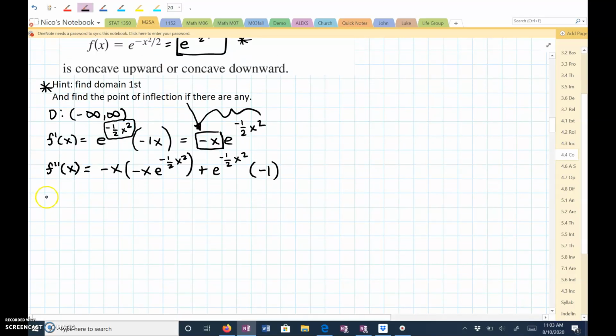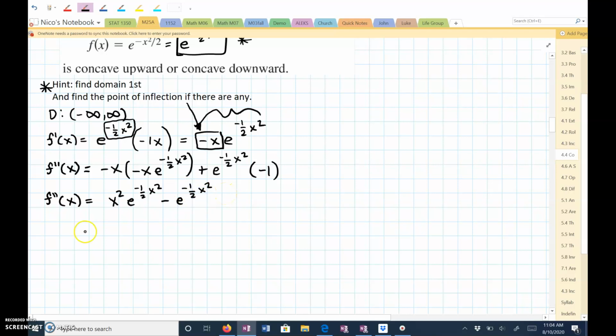So now let's simplify this. The second derivative of f of x equals negative x times negative x, which would be positive x squared, e to the negative 1/2 x squared power, minus e to the negative 1/2 x squared power.